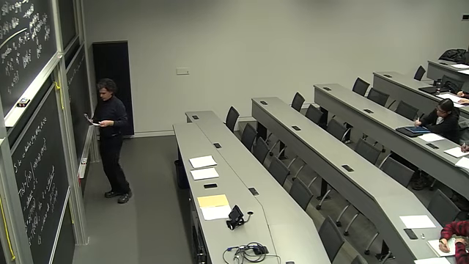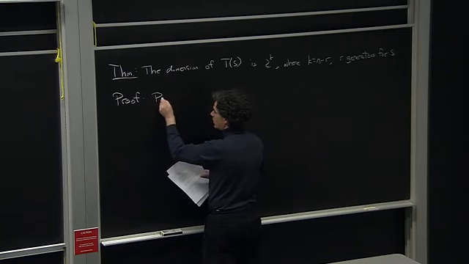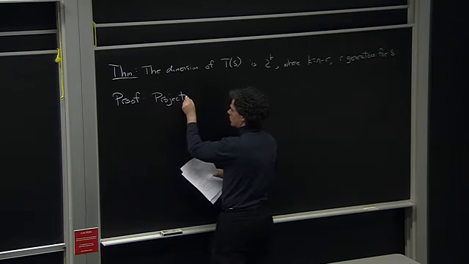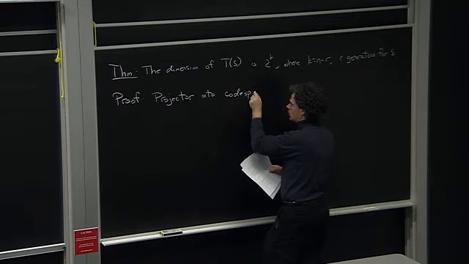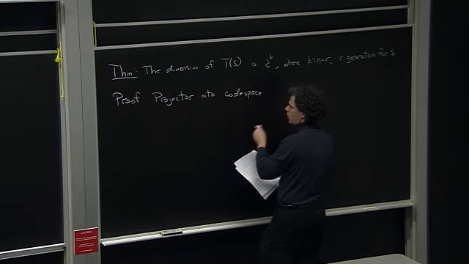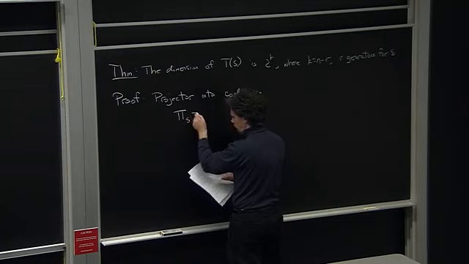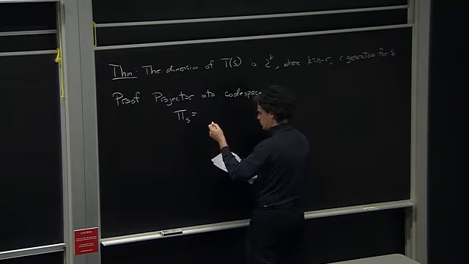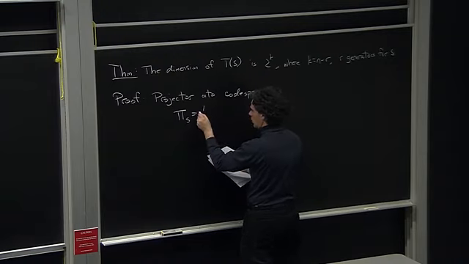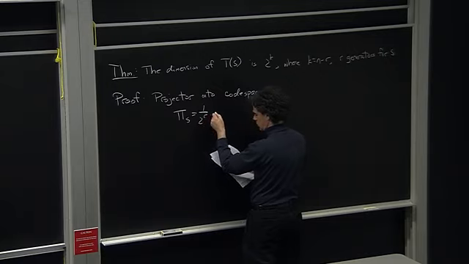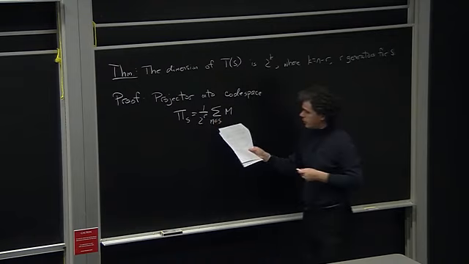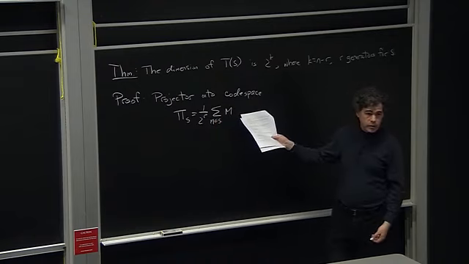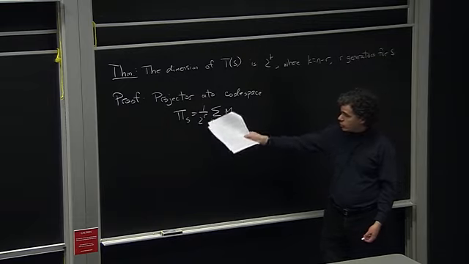So let's take the projector onto the code space. I claim it's this: the sum over all elements of the stabilizer, and then the normalization factor is 1 over 2 to the r.